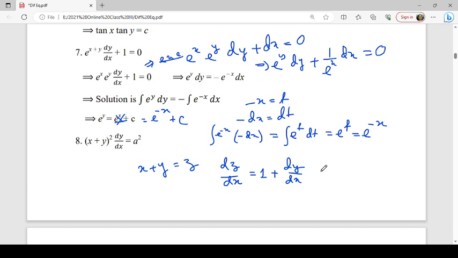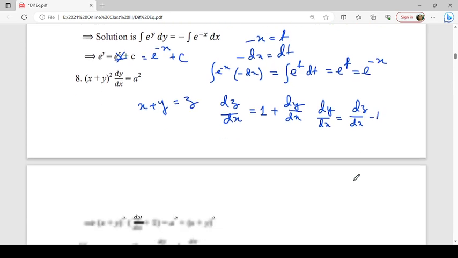Or dy dx you can write as dz dx minus 1. So we are substituting this.